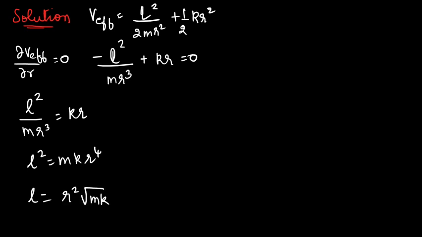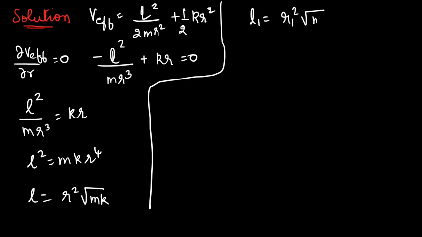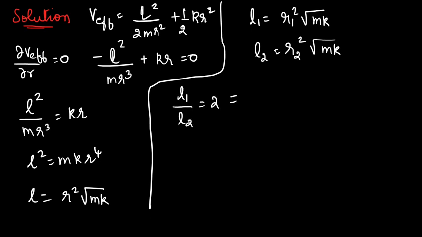So we have L1 and L2. I can write my L1 as R1 square root over MK and L2 as R2 square root over MK. I know that L1 by L2 is 2. Using this relation, R1 square root over MK divided by R2 square root over MK is also going to be 2.